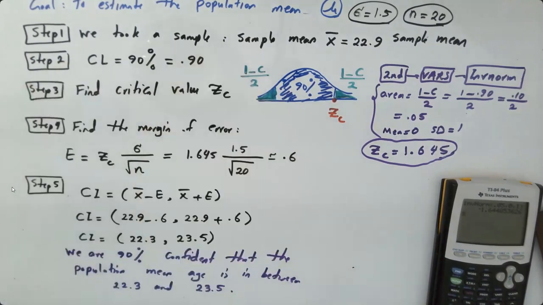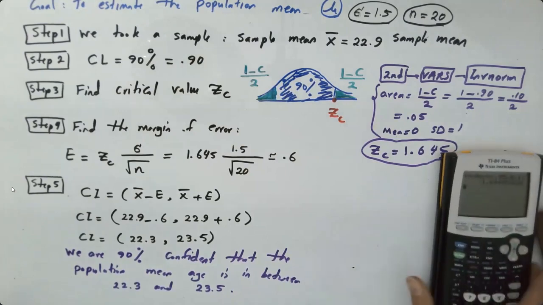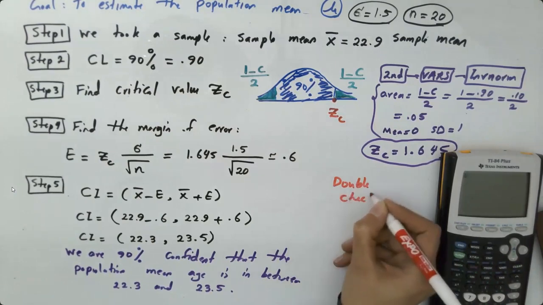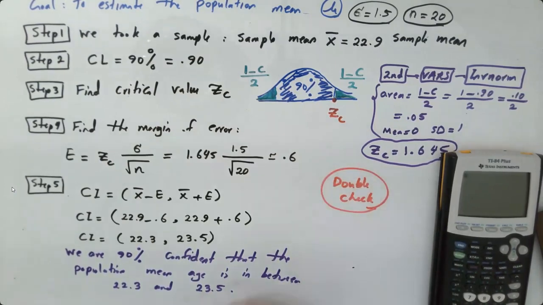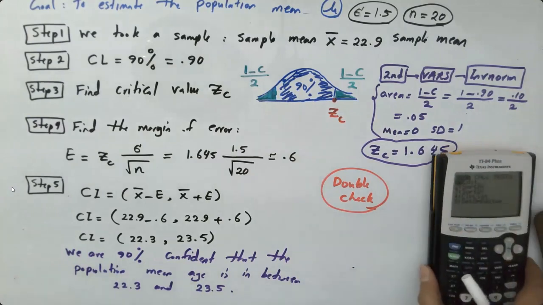These are the steps that you're going to take, and you can use your calculator to make sure the computation is correct. So double check using calculator. What are you going to do? You're going to go to stat, and you're going to go to tests.